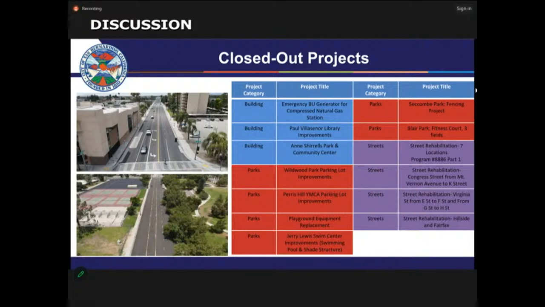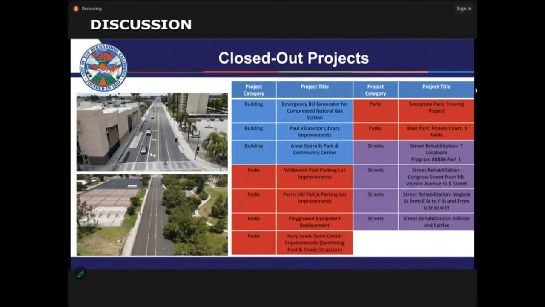It's a total of about 34 projects, and for ease of visualizing this, it's two rows, and the first column shows the project category. We have it shaded in blue for the building projects, red for the parks projects, and purple for the street projects.